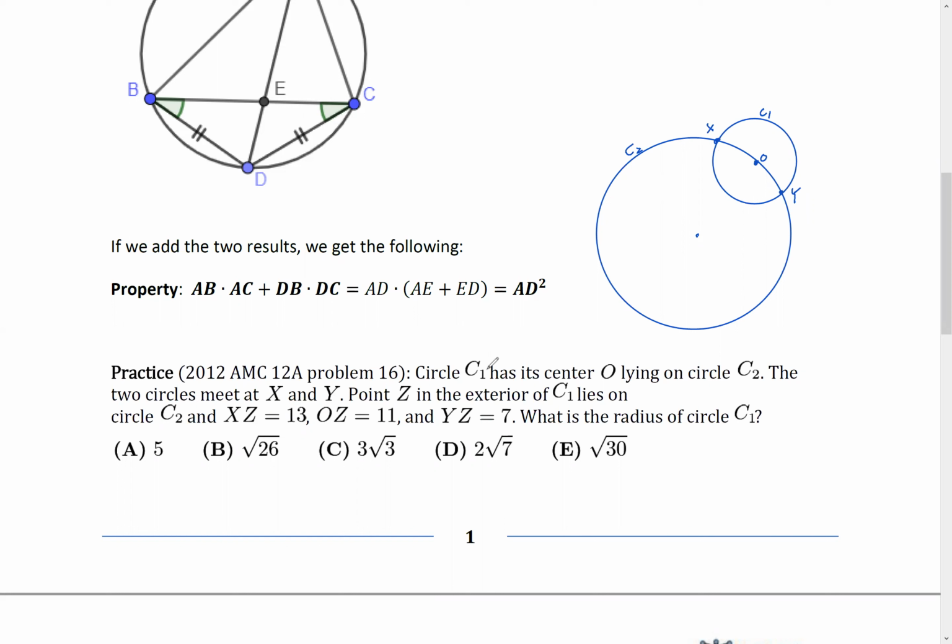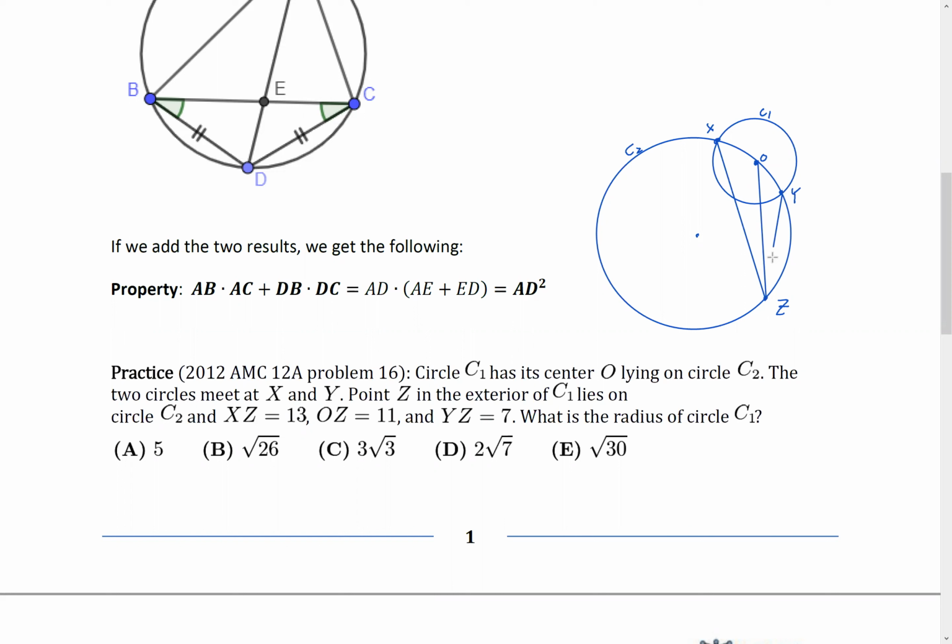Meeting at X and Y, Z is exterior to C1, which lies on C2. So let's just say it's here. XZ equals 13. OZ equals 11.